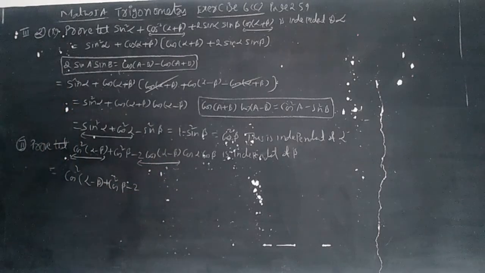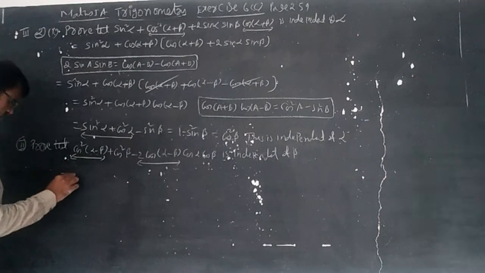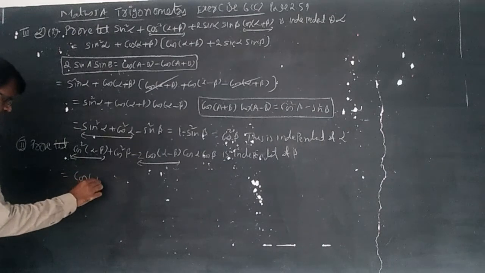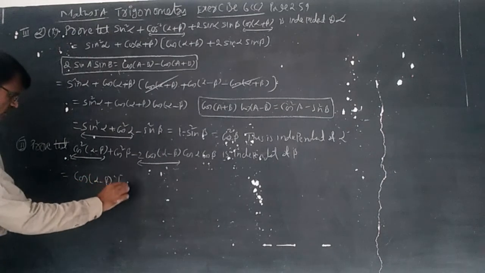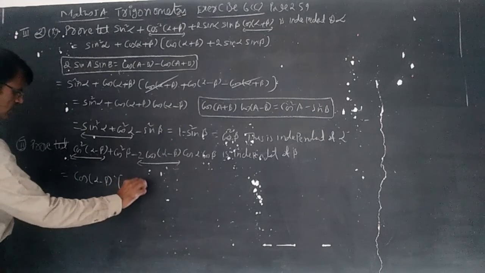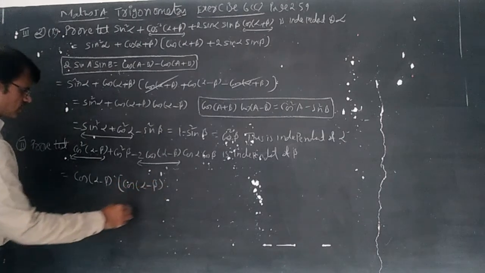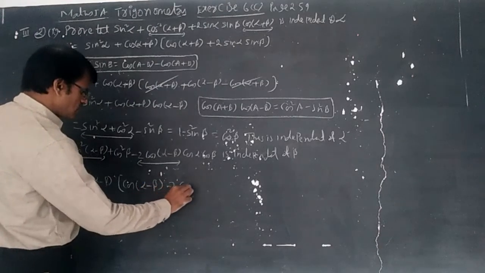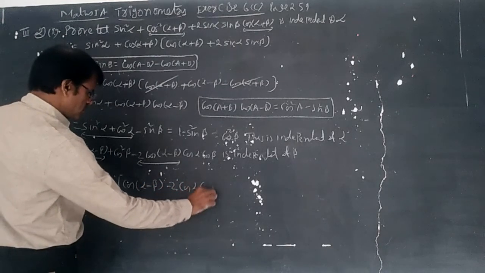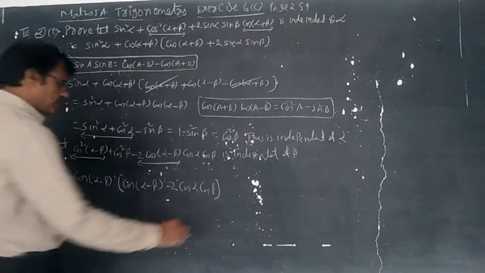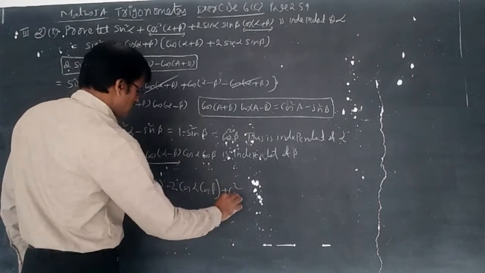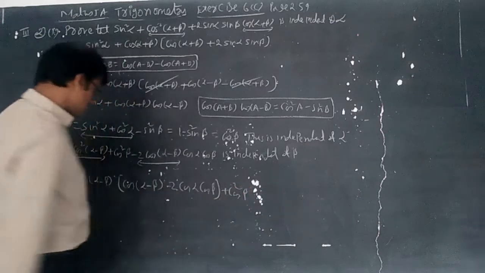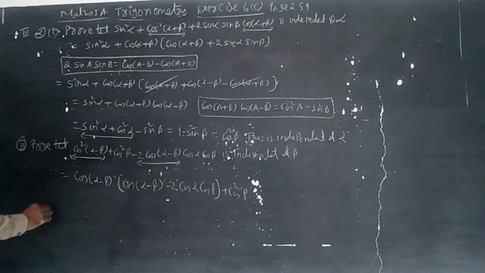Take cos of (alpha minus beta) as common. That is equal to cos of (alpha minus beta) into, here you can write cos of (alpha minus beta), leave it, I say next, minus 2 cos alpha cos beta, and separately cos square beta you write.